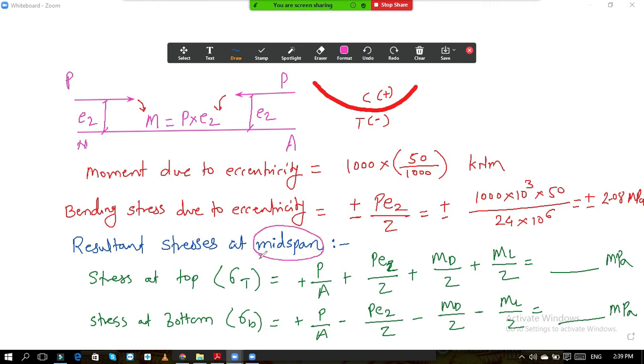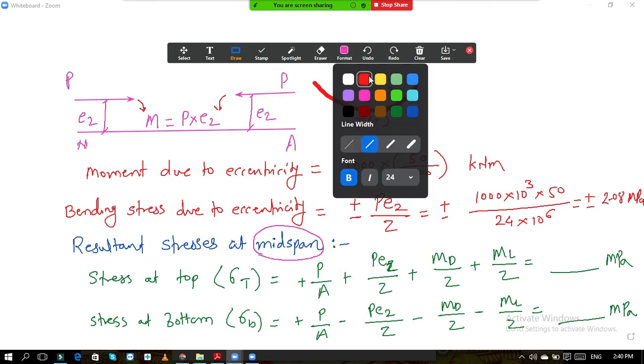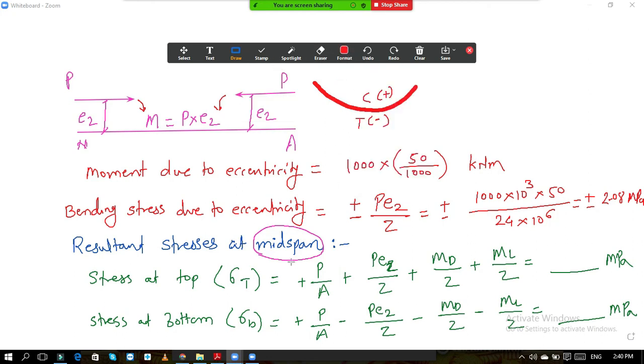Now if they have asked you for the end span, then what you will do? It is very simple. You will give the stresses for only this portion. If it is asked for the end, then only this portion. Whatever stresses are there, those will be present.